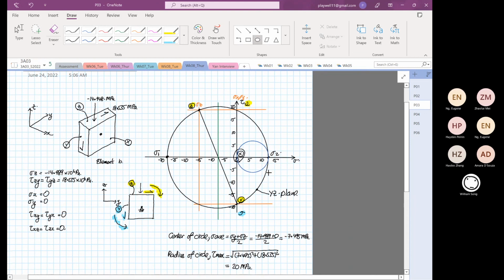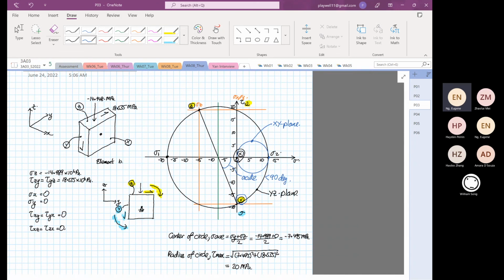This circle belongs to the XY plane. Why the XY plane? Because over here is your Y, and from Y to the principal stress is an acute angle, meaning less than 90 degrees. That is why you call it your XY plane, not your XZ plane.